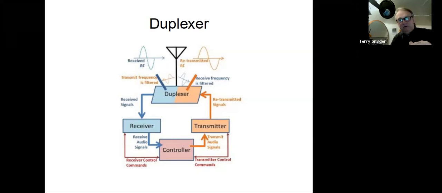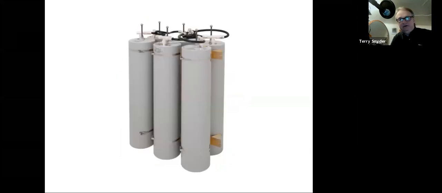It puts the transmitter into the transmit mode, and it also sends the audio from the receiver into the transmitter, and then the retransmitted signal from the transmitter by way of coaxial cable makes its way to the duplexer. So it's receiving, and at the same time it's transmitting too, without burning up the radio, because the duplexer does a little magic, which we'll get into here.